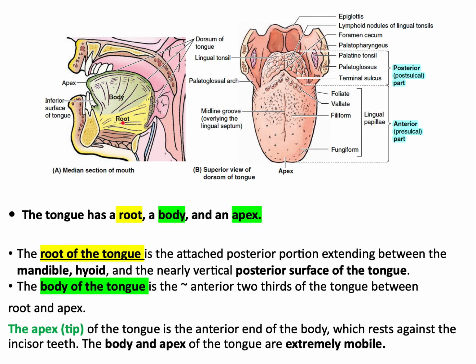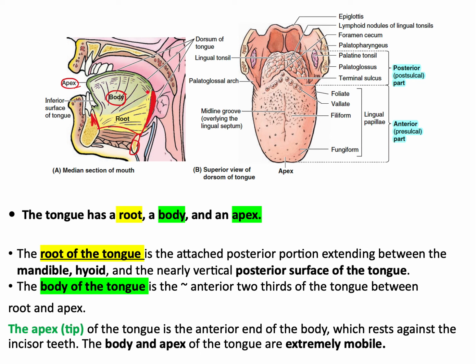The root is the most fixed part of the tongue, extended between the mandible and the hyoid bone. Look at it. It also extends to form the posterior 1/3 of the tongue, the pharyngeal part. The body and the apex are the most movable part of the tongue.